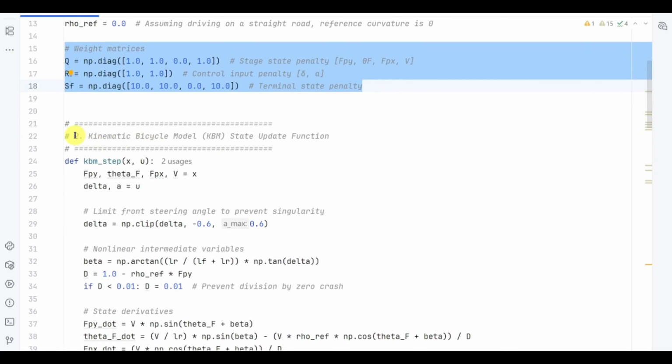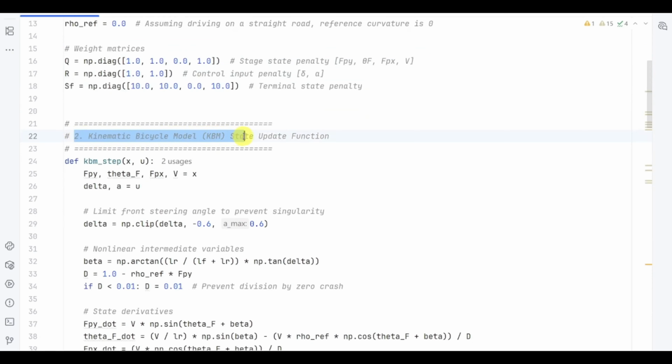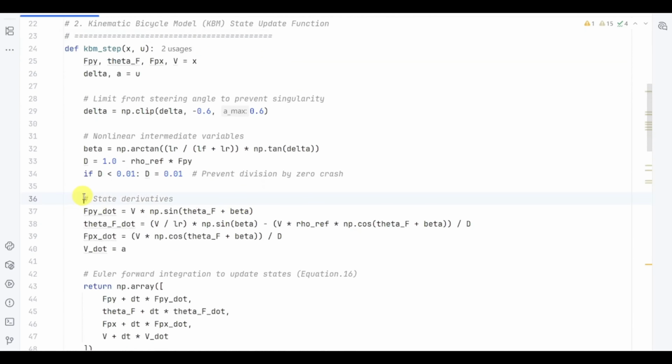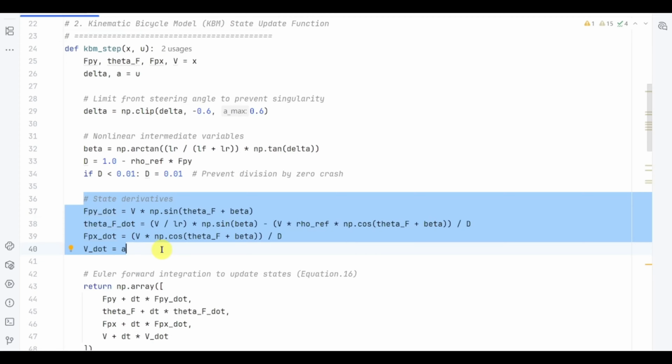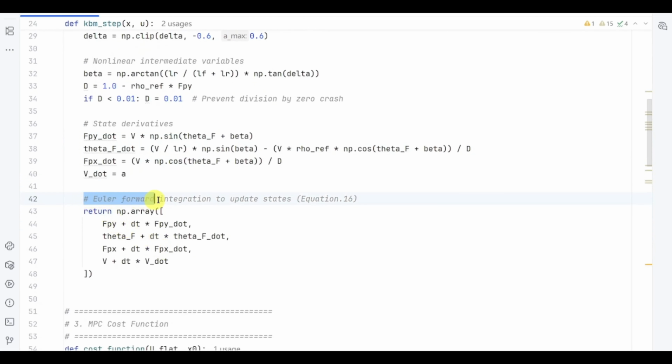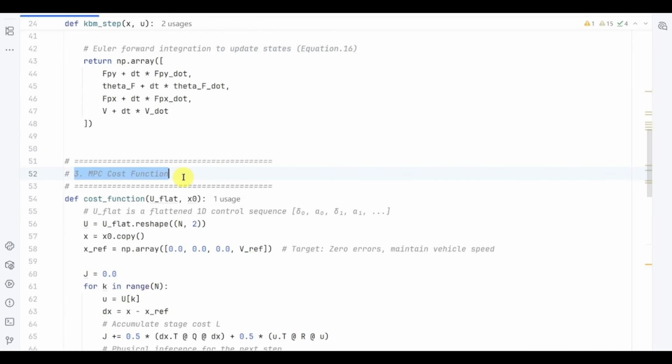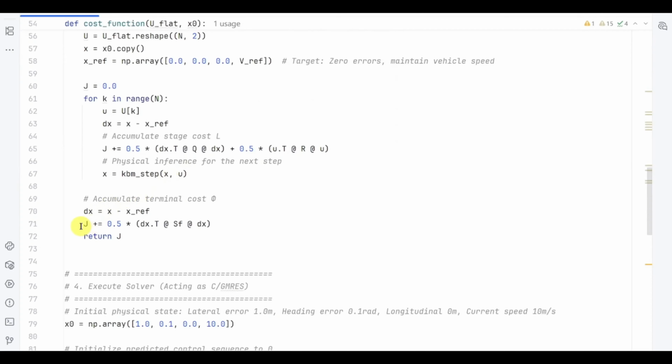The second part is the Kinematic Bicycle Model, KBM. Note here, this part is the state derivatives, and this is the Euler forward integration. This corresponds to equation 16 in the paper. Part 3 is the MPC cost function, which is the crucial part, and this is the terminal cost equation.